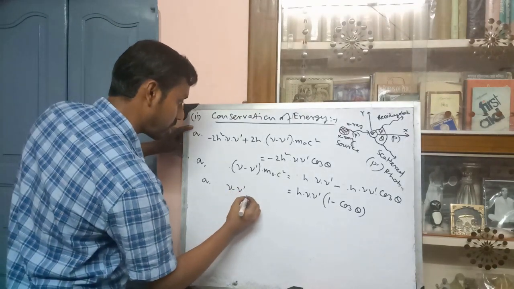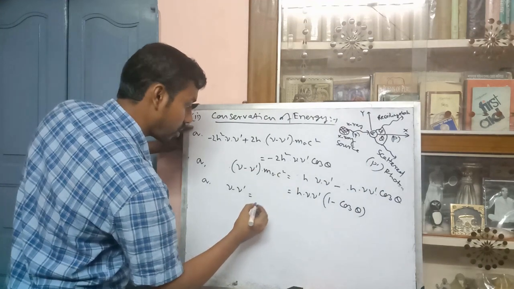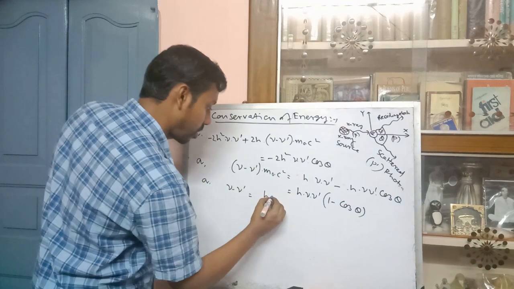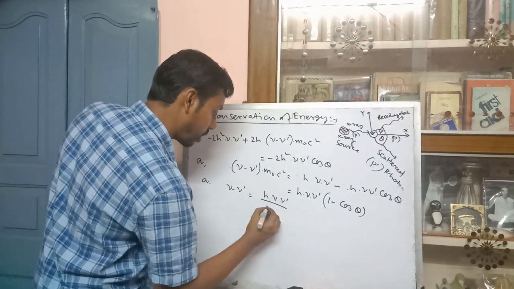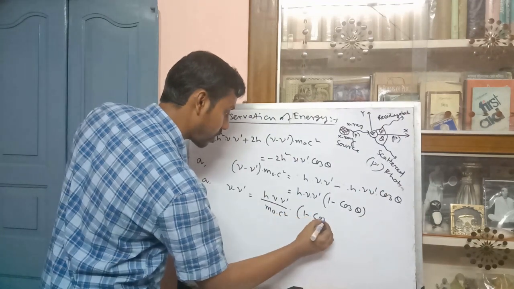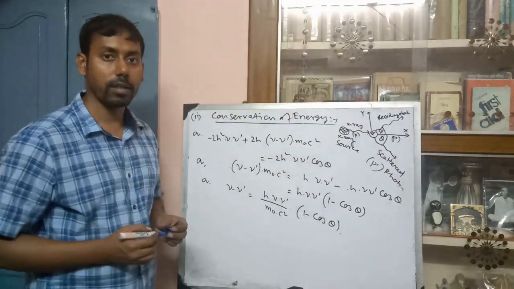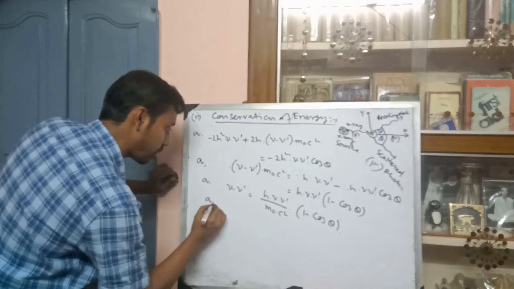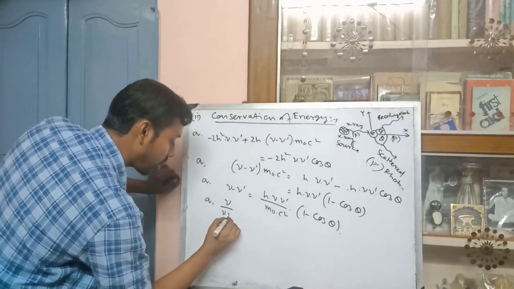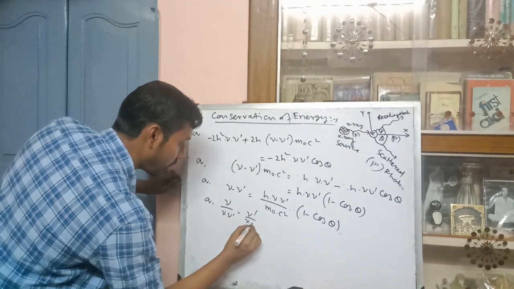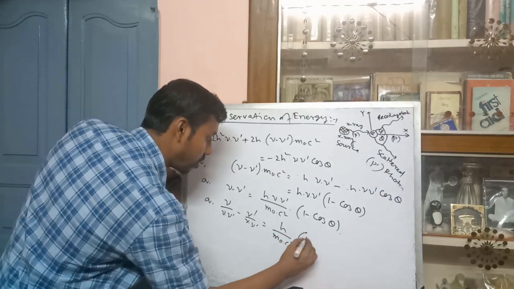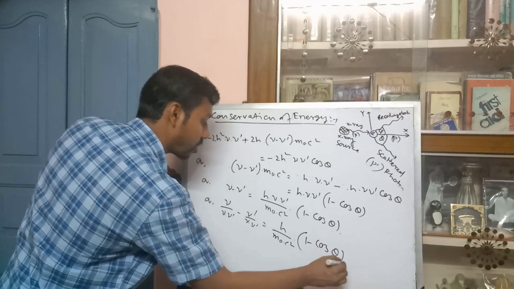Or nu minus nu dash is equal to h into nu into nu dash divided by m0 into c square into 1 minus cos theta. Taking nu into nu dash on this side, nu by nu into nu dash minus nu dash by nu into nu dash is equal to h by m0 into c square into 1 minus cos theta.